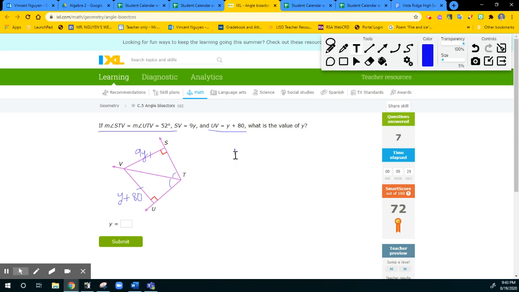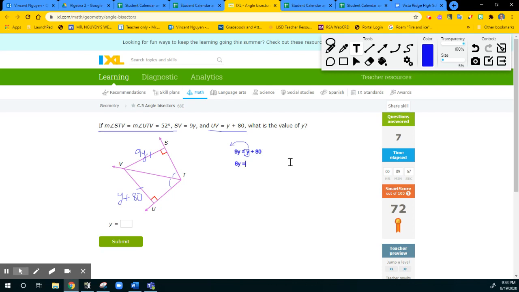SV congruent to UV. So we're going to set them equal. So we do 9y equals y plus 80. Then we're going to solve. To solve this, you move this y over here by subtracting, because this is positive, so I'm moving it away. So I'm going to end up with 8y, not 9, 8y, because I am taking away one of them.